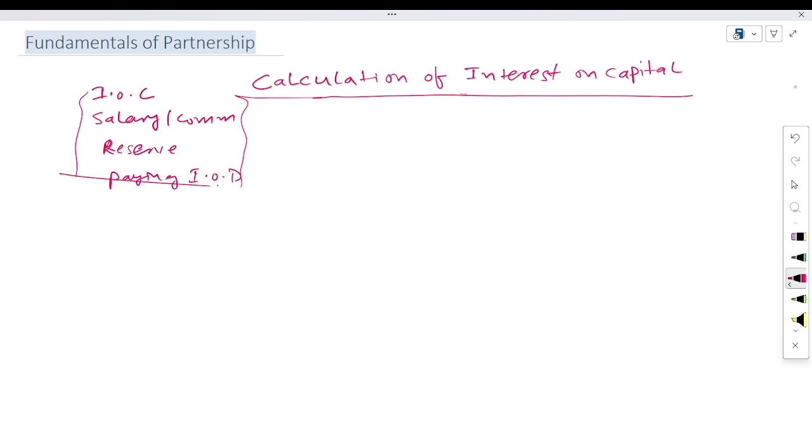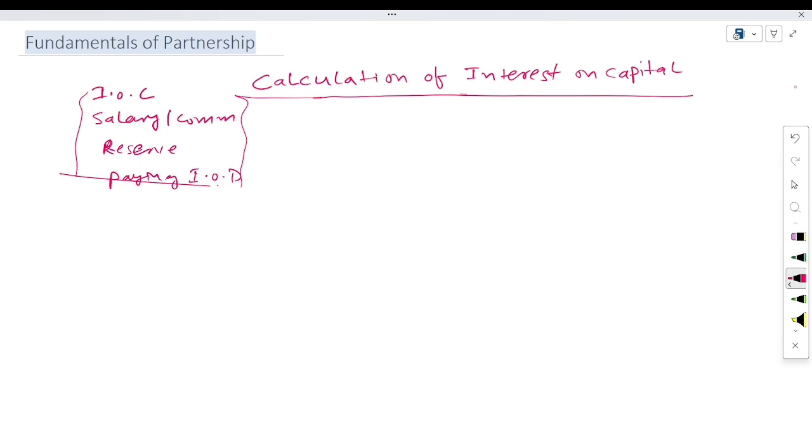In previous video we have already discussed that the partner's capital account can be prepared through two methods.